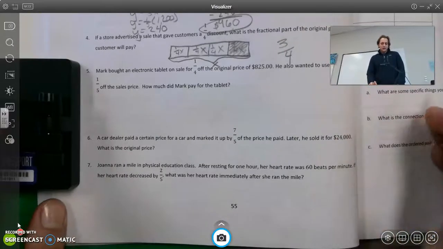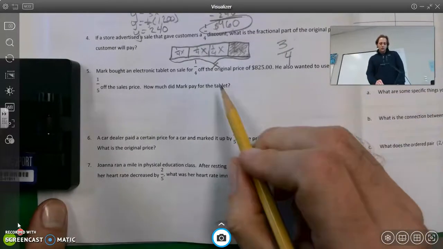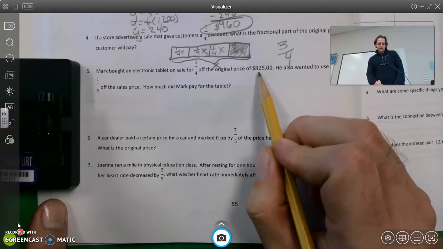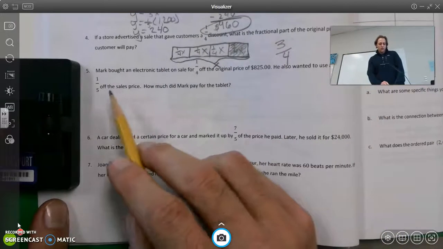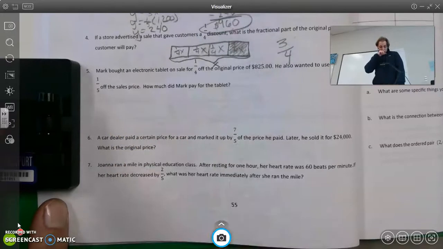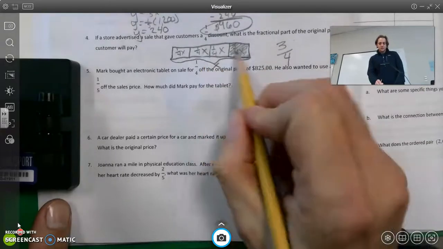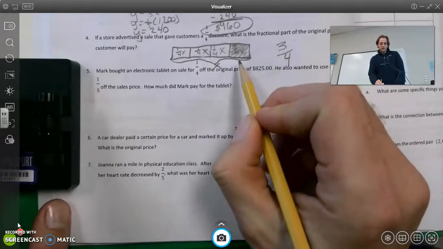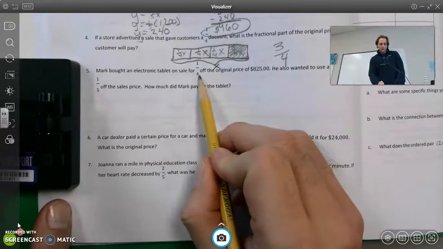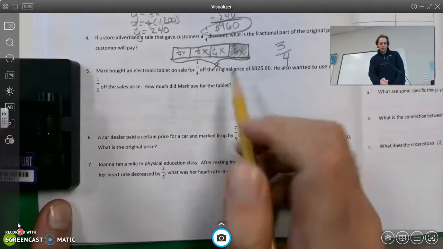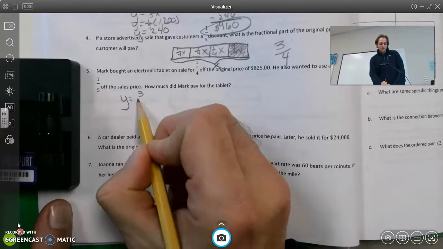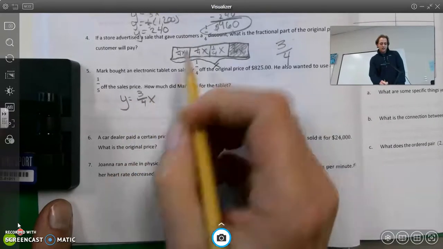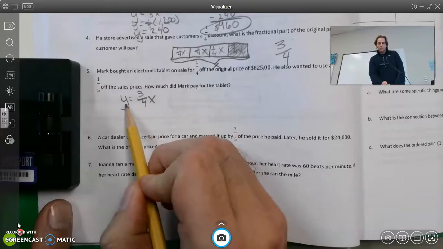Number 5, Mark. Mark bought an electronic tablet on sale for 1/4 off the original price of $825. He also wanted to use a coupon for 1/5 off the sales price. How much did Mark pay for the tablet? Okay, so we've got 2 steps here. Let's use what we just learned, that if you have 1/4 off, the new price is 3/4 of the original price. Instead of finding the discount, I'm now just going to find the new price.